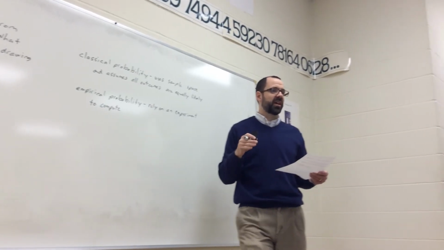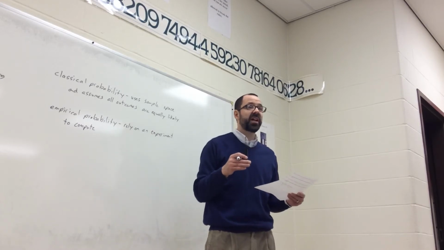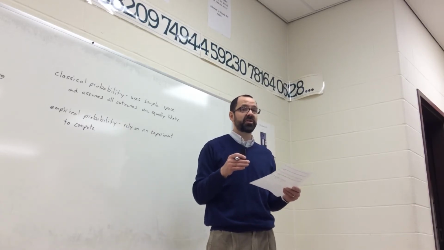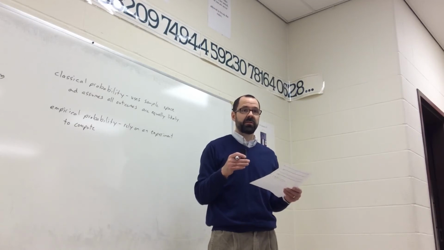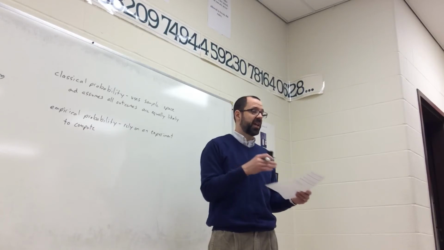So a scientist might say, hey, I think this coin might be slightly weighted on one side. So I'm going to investigate. So they might flip the coin 100 times. And then maybe it comes out tails 40 times. And so then they would say, the chances of this coin coming out tails are 40%. So that would be empirical probability, when they're saying the chances based on an experiment.